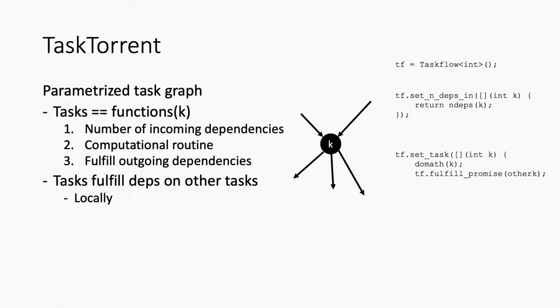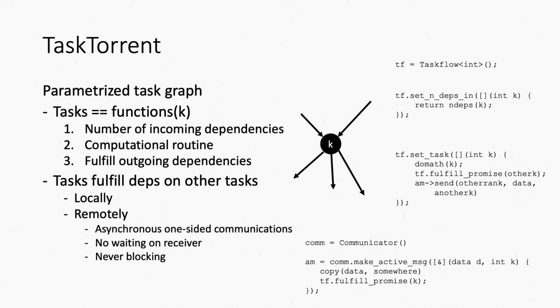And so tasks, when they are done, can fulfill other tasks, either locally, just telling them, okay, you're ready, just go, the data is already there. Or they can trigger tasks remotely, on other nodes, by sending an active message. So you send some data and some function that arrives on the other side, triggers the task, and copies the data somewhere. So for instance, that's what we do here.